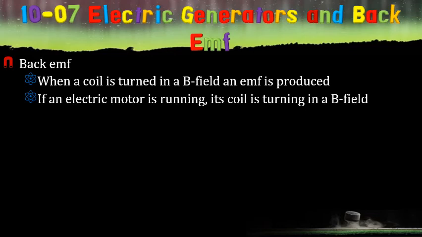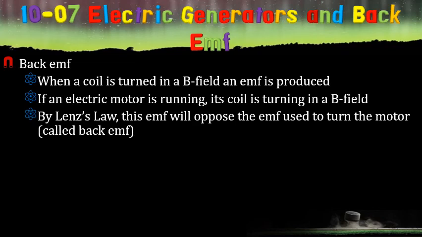Well, once it's turning in that magnetic field, it's like a generator. And it will have EMF produced, or I should say induced, that is opposite the direction of the one used to make the motor go. Hence it's called back or backwards EMF.